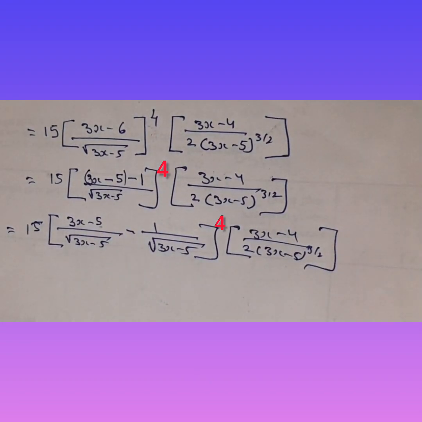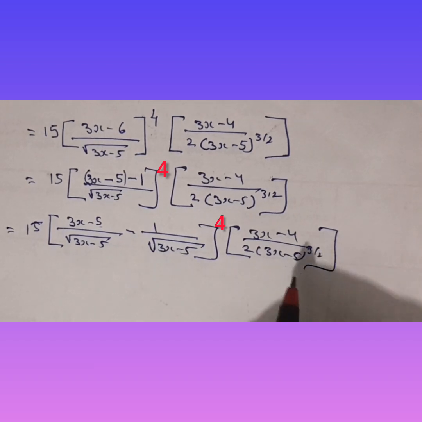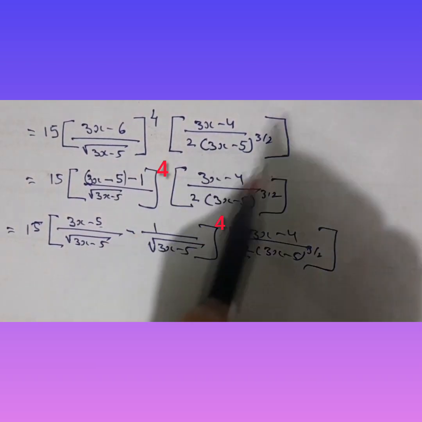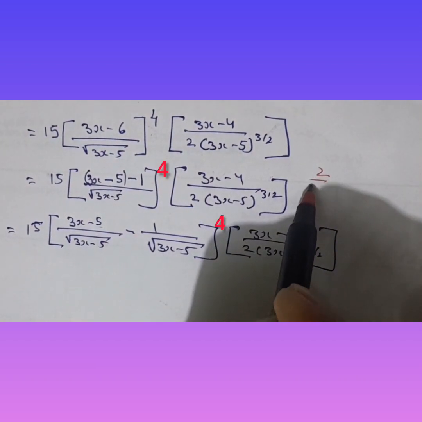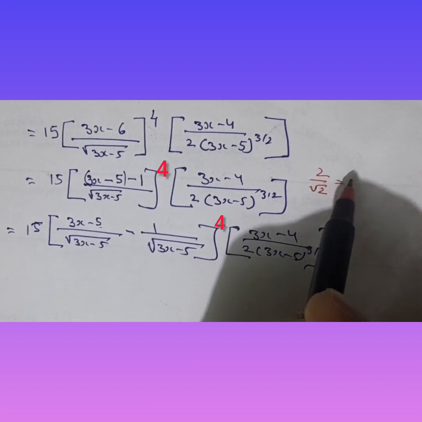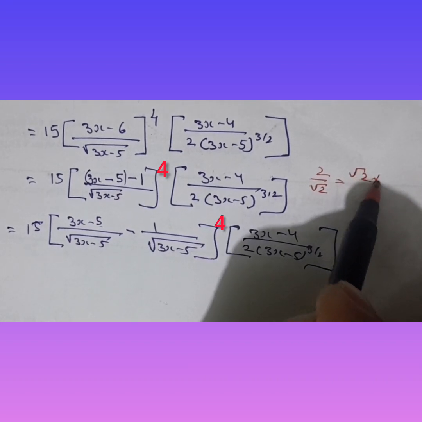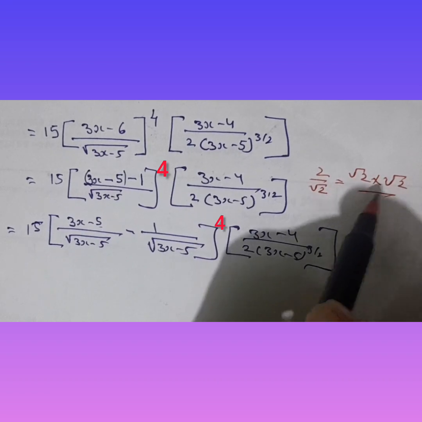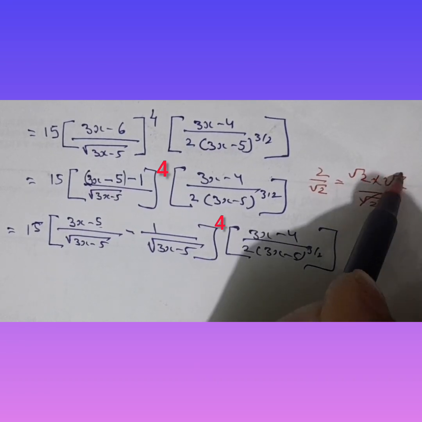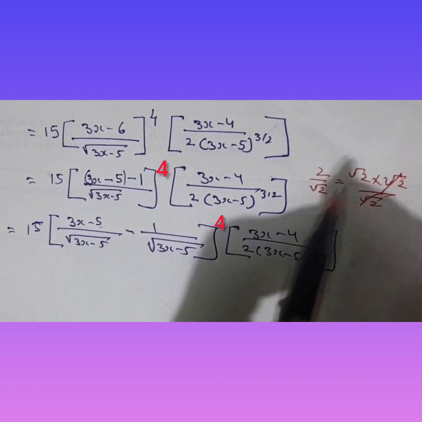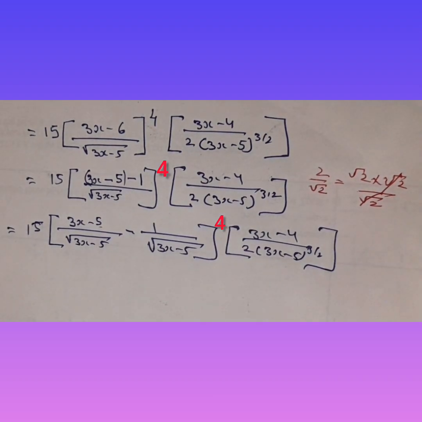Now here again we know the theory: 2 divided by root 2, that means what? That is root 2 into root 2 divided by root 2. So root 2 cancels, so root 2 remains as the answer. So same thing over here.